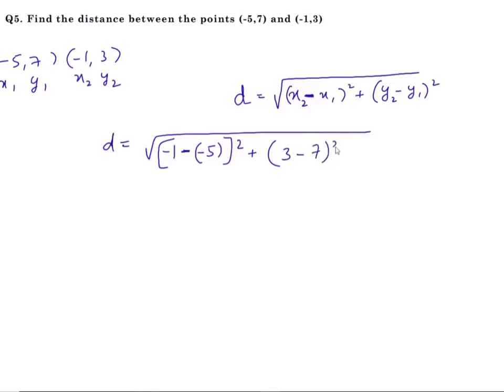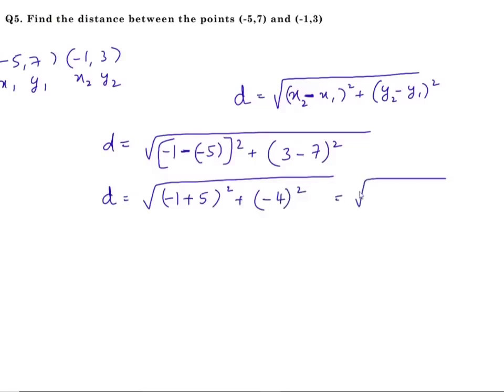Students, don't just watch the video, try to repeat with me. Minus into minus is plus, so minus 1 plus 5 whole square plus 3 minus 7. Because you are subtracting a bigger number from a smaller number, you should put a minus sign. 3 minus 7 is minus 4 whole square.